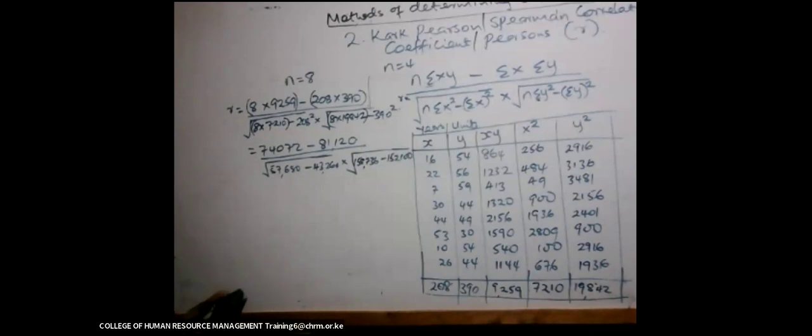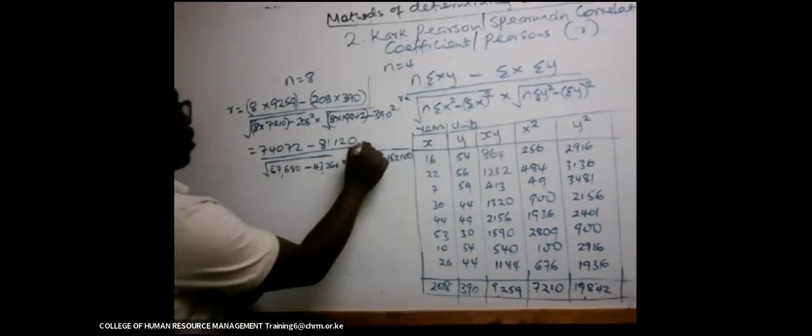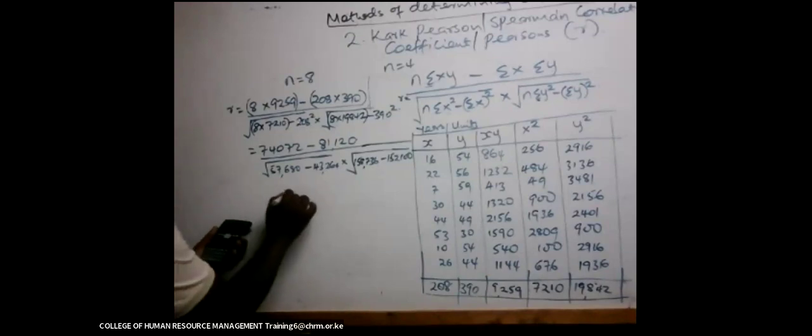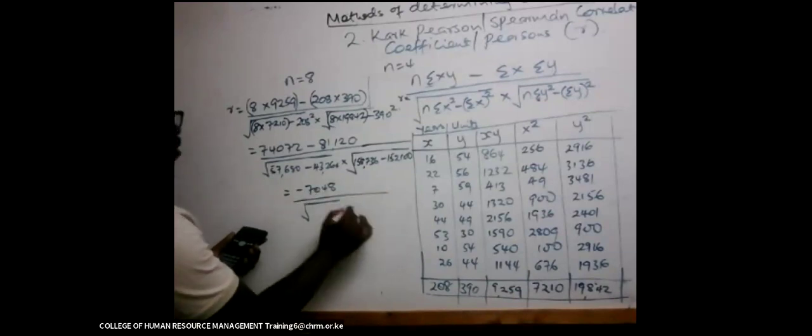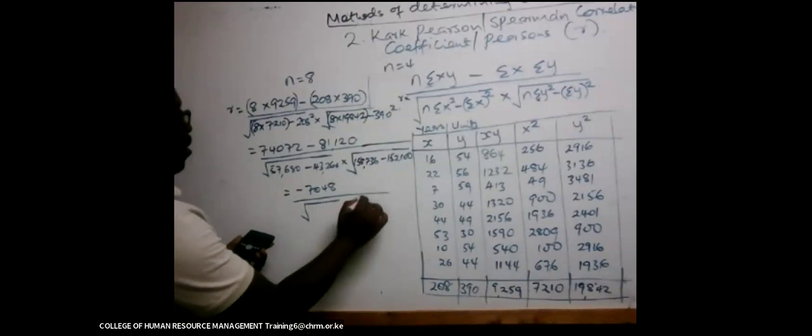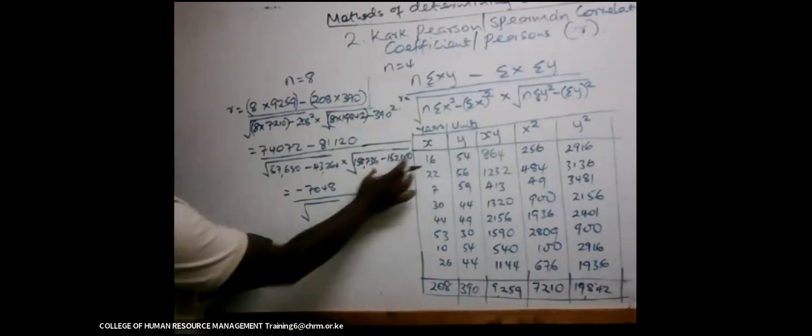Then when you are there now, you are almost done. You take this minus this. 74,072 minus 81,120. You get that it is negative 7048. Divide by, we have got 2 square roots here.